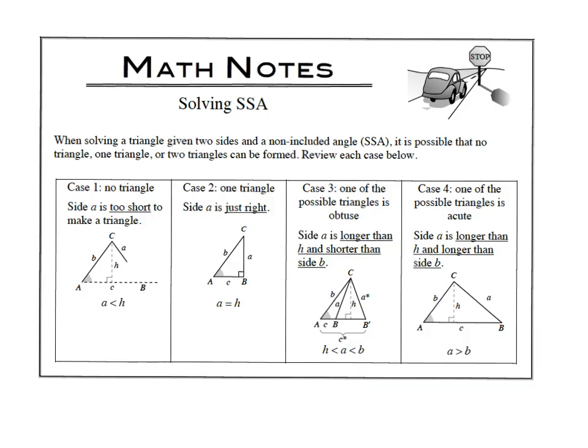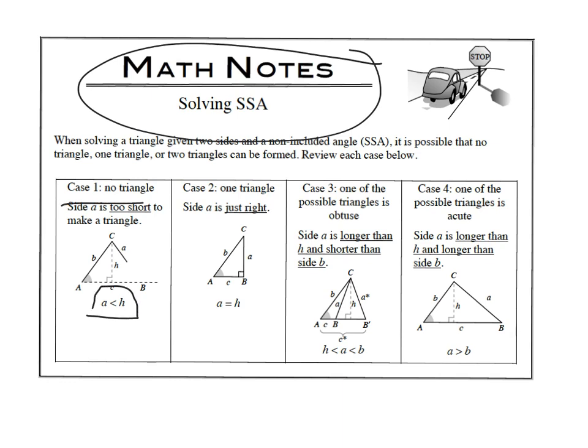For those of you who are tuning into this very last slide, a little encore presentation. These math notes kind of summarize a lot of what we theorized about in a couple of those slides. If A is less than H, you're going to create no triangle. If A is equal to H, you create just one triangle.